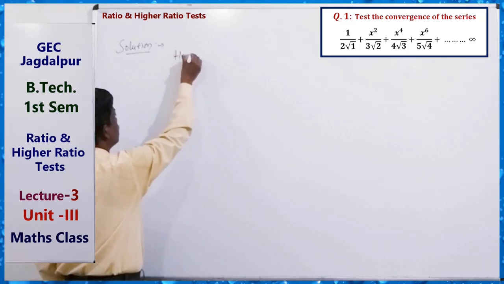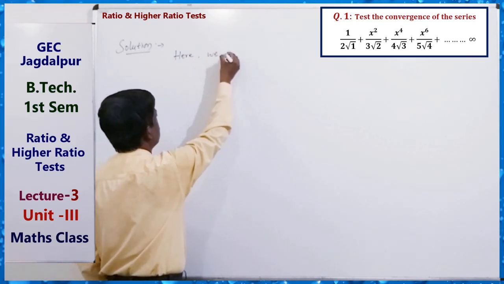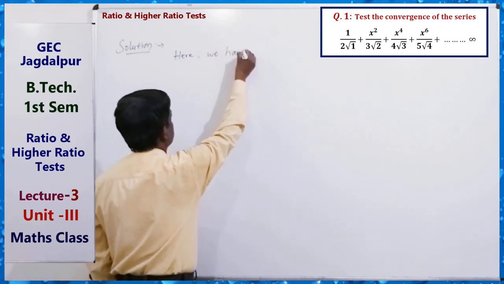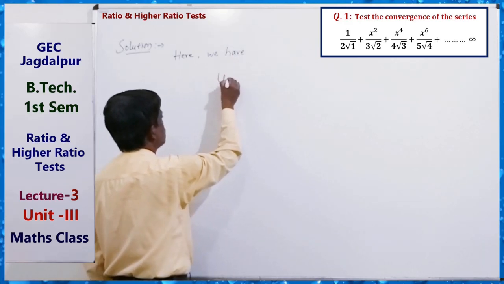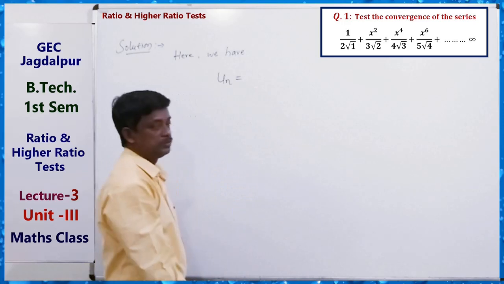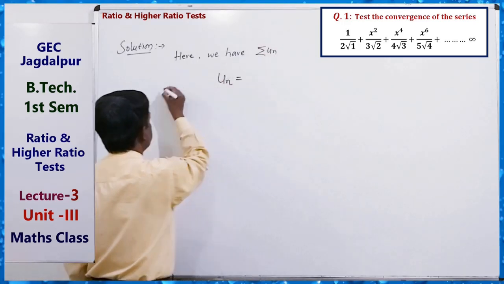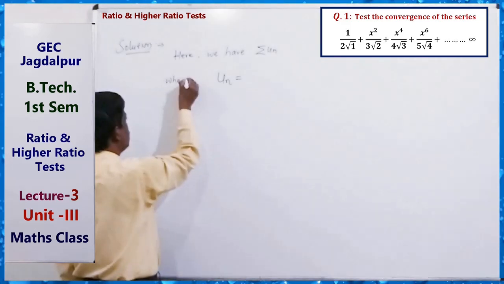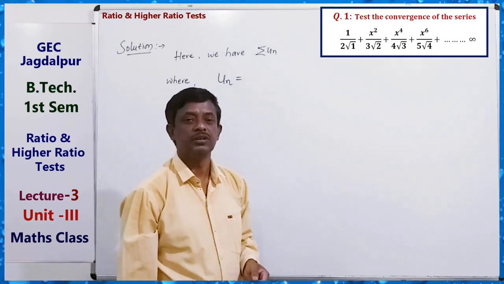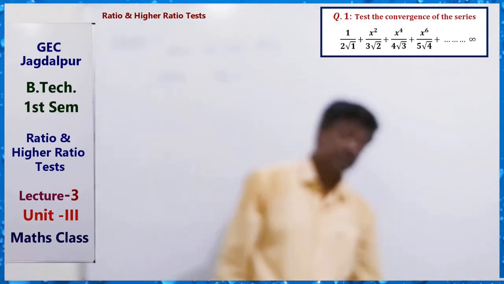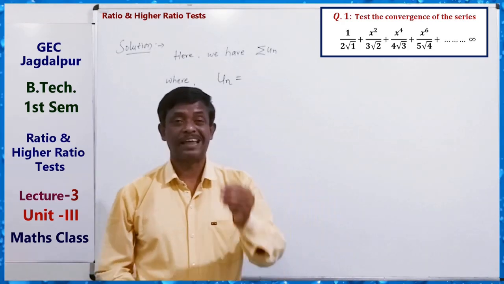Here we have the series un, where un equals to, just see the series, what you can write. For testing a series, you first have to find the nth term.